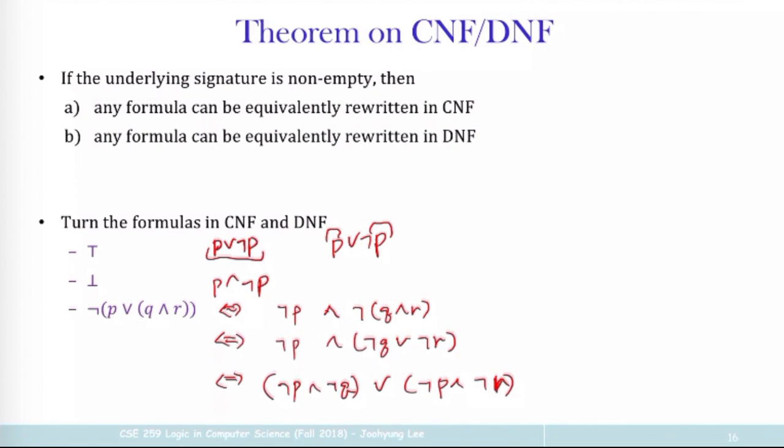And now after you do this, the last formula is DNF. It's a disjunction over simple conjunctions. Okay? So this is CNF and this is DNF.